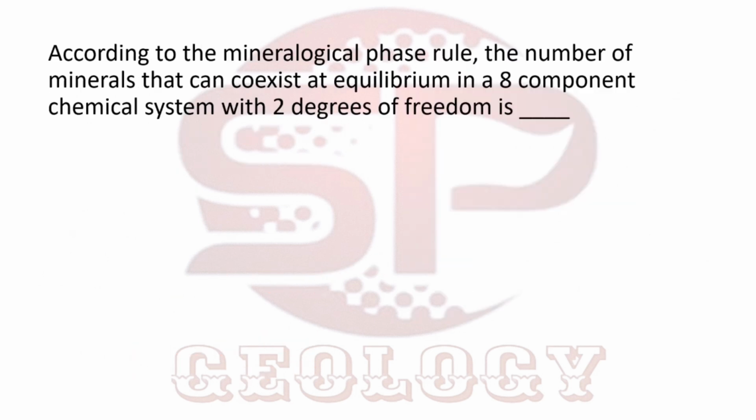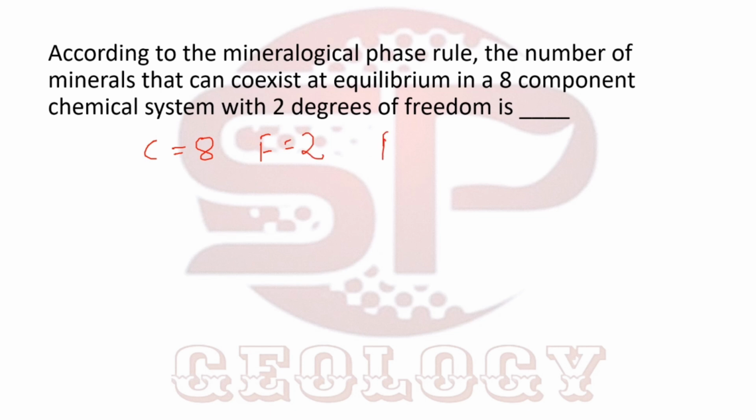Then, according to the mineralogical phase rule, the number of minerals that can coexist at equilibrium in an 8 component chemical system with 2 degree of freedom. According to the mineralogical phase rule, degree of freedom will be 2 or more than 2. The component is given as 8, degree of freedom is 2.